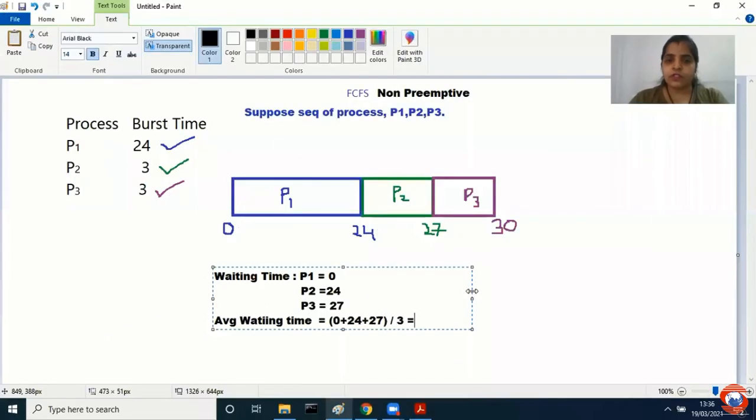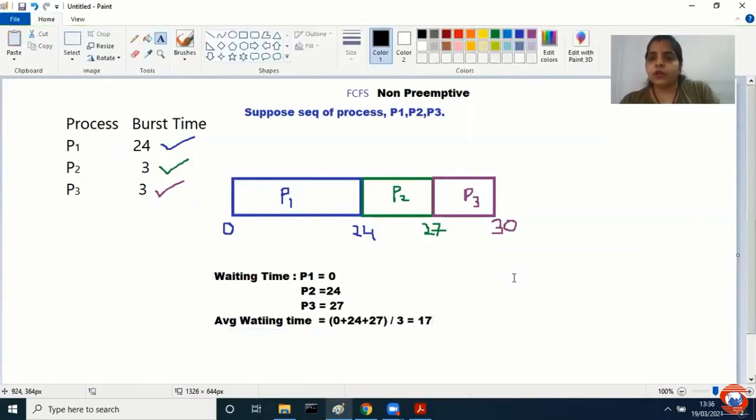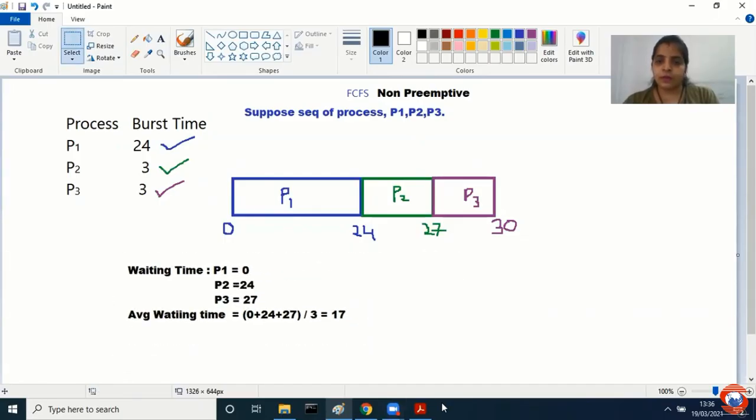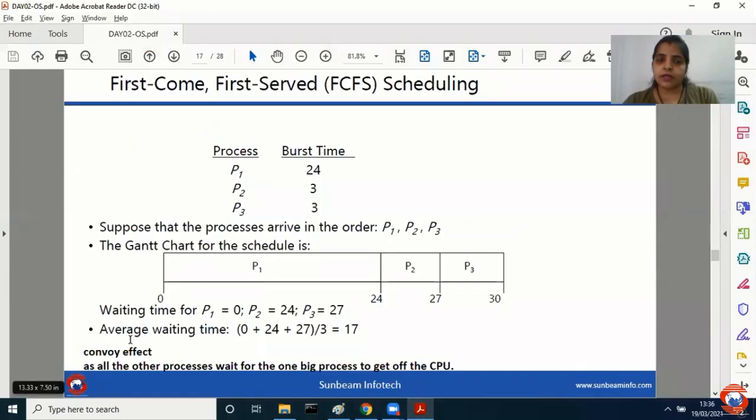Can I say like this, which is equal to 17? तो 27 कैसे? Because P3 को CPU कंट्रोल कब मिला? 27 तक मिला ना. P2 को कब मिला? 24. तो ये उनका वेटिंग टाइम हो गया. Is it okay, everyone? Now, I have got the average waiting time.